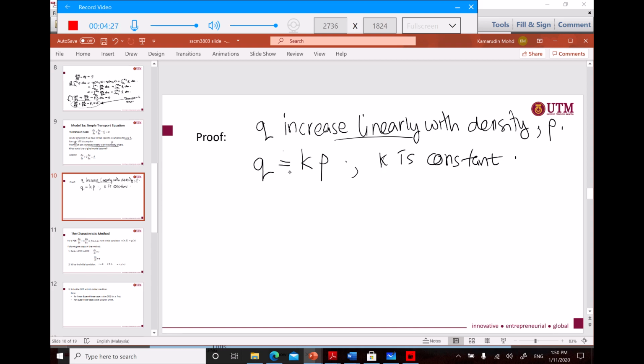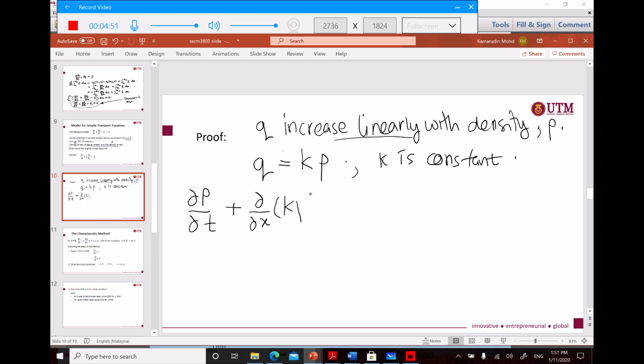Okay, so now if we substitute into the equation, the first term remains del rho del t, and then we have the second term plus del q del x, the original one. So we have del x, and Q we replace with this term from this assumption.